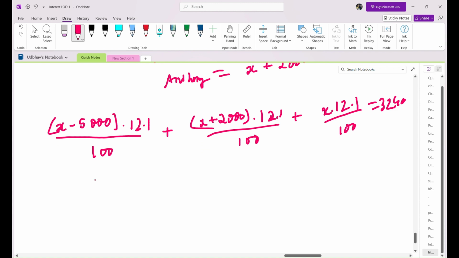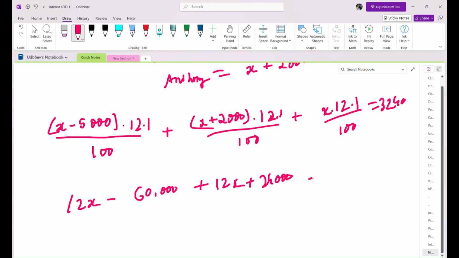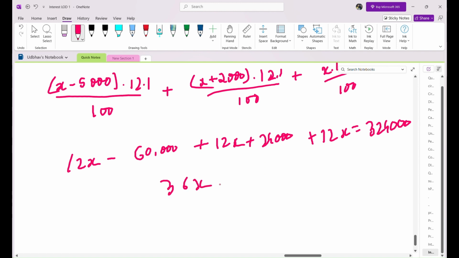So we just solve this and we will get 12x minus 60,000 plus 12x plus 24,000 plus 12x equals 3240. 36x equals 324000 minus 24,000 plus 60,000, which is 3,60,000.